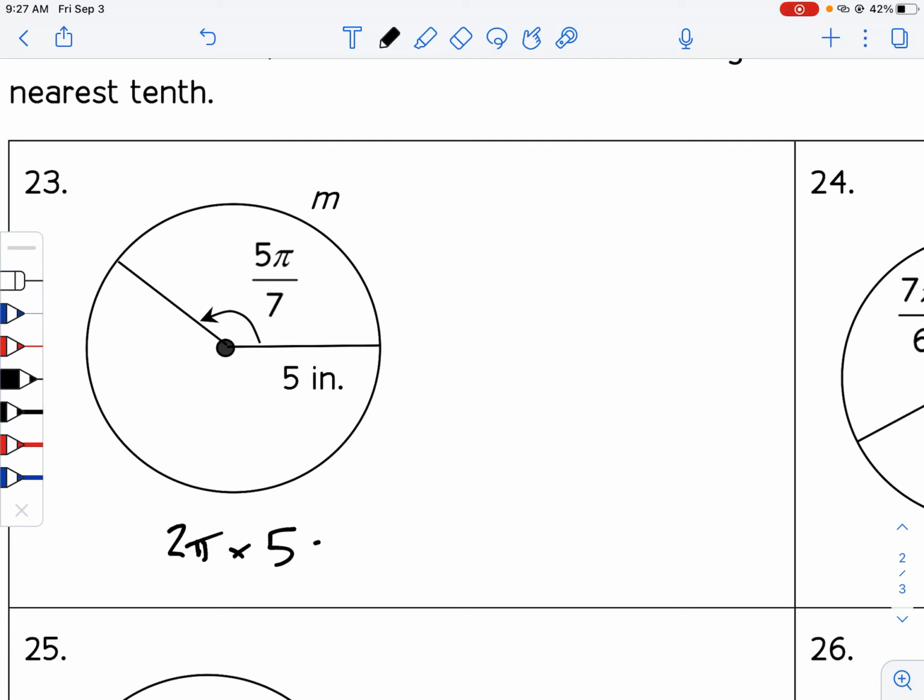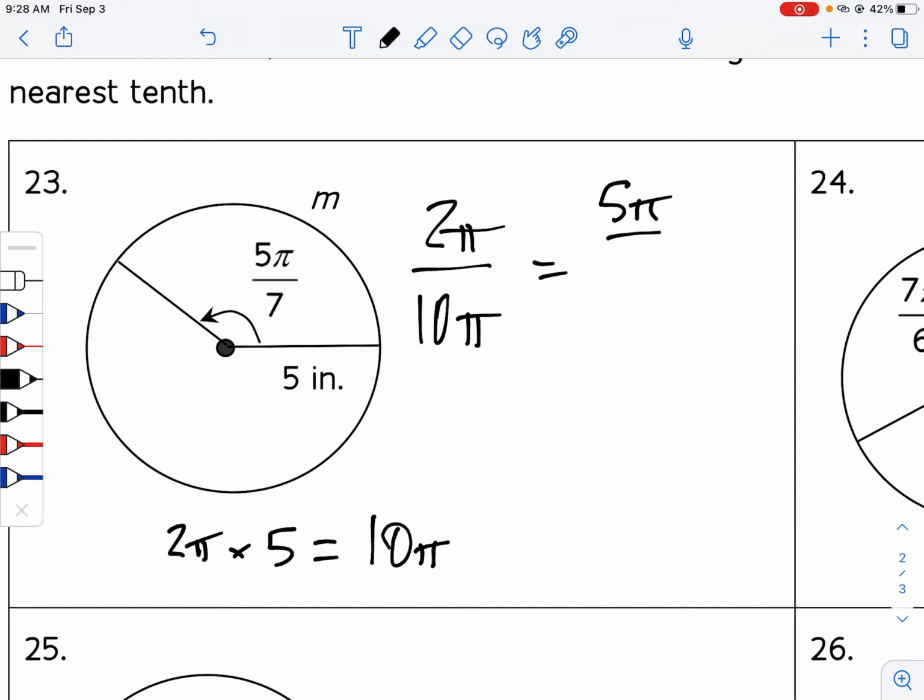So I know that my circumference here is 10 pi, based on the information given. So the circumference would be the arc length of the entire circle. So I'm going to set up a proportion. So 2 pi radians is the whole circle. 10 pi is the circumference, and we're going to let that equal 5 pi over 7, which is the portion that I'm solving for, over m.